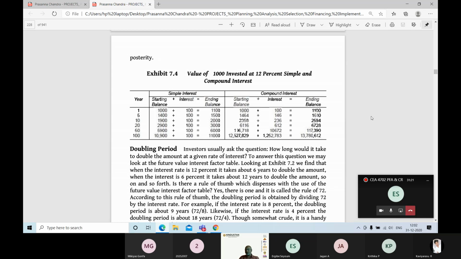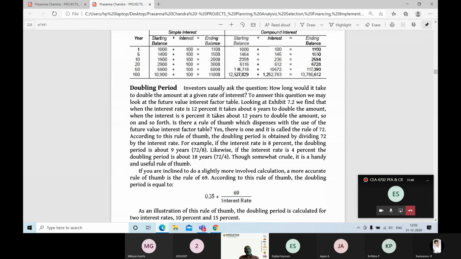This is the amount you get, so you have to start investing at this age. You have to invest something, and after that you will get much more money. Then, with investment at 12% simple and compound interest, you will have an idea of how interest factors into the calculation of the present value to the doubling period.